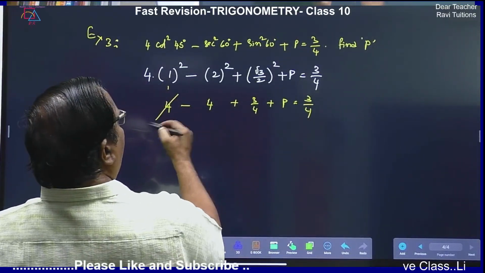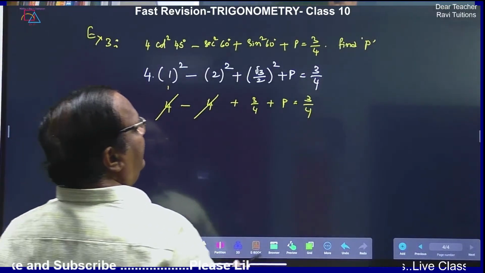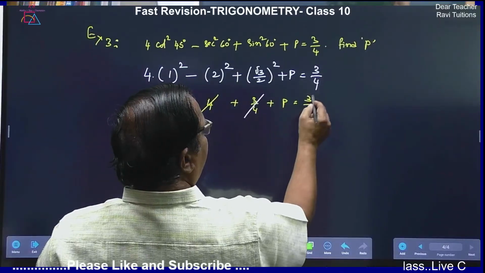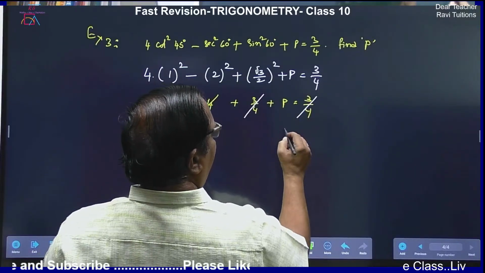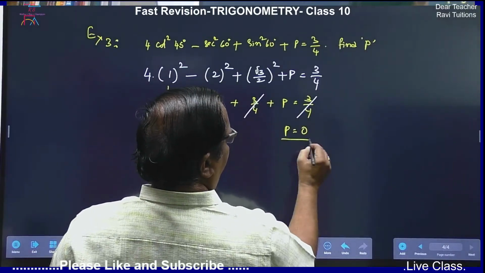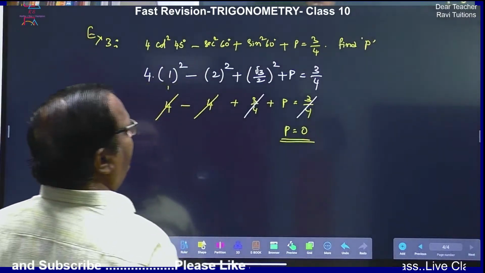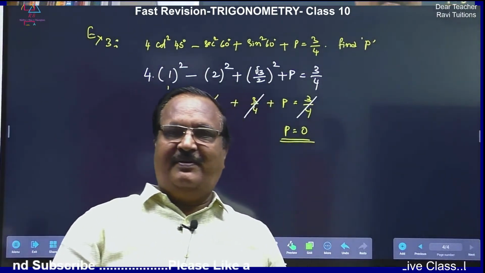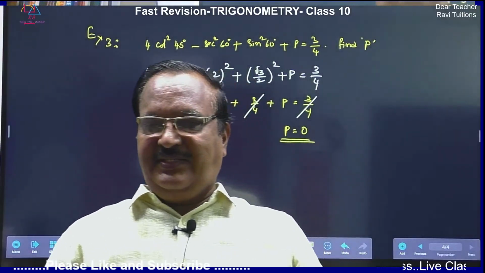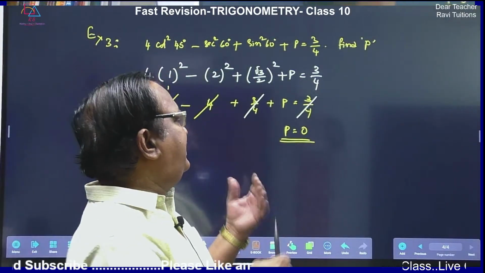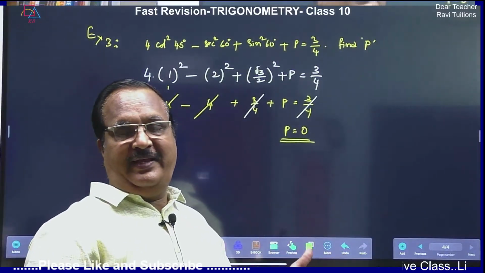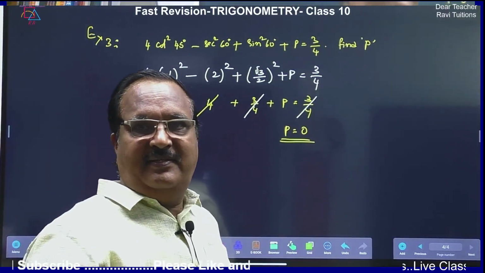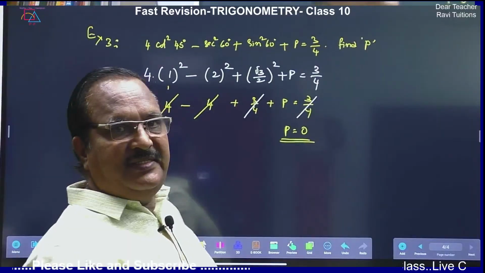So now 4 will get cancelled, and 3 by 4 on both sides will also get cancelled, and P is equal to 0. Okay, so the answer is P is equal to 0. Don't think that P is equal to 1, because everything is cancelled, only P is remaining. Cancel means eliminated, right? So P is equal to 0.